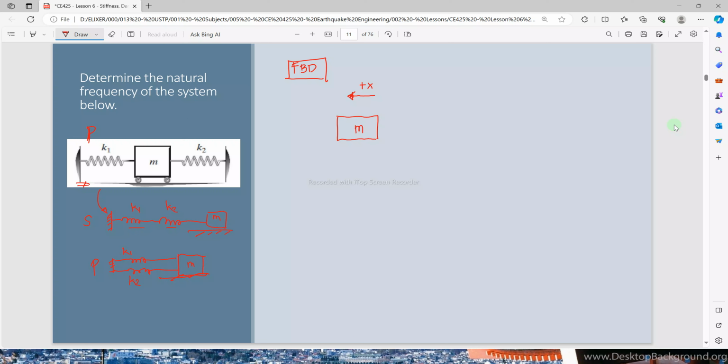Of course, the stiffness resists deformation, so the forces acting on the spring are against the deformation. So we have force 1 here, equal to K1 X1, and another force 2 here, equal to K2 X2.